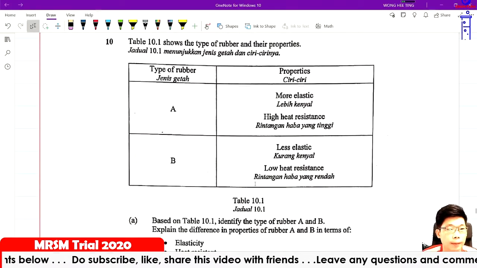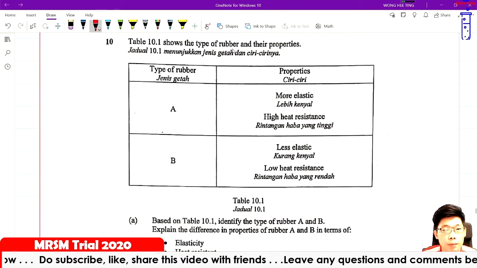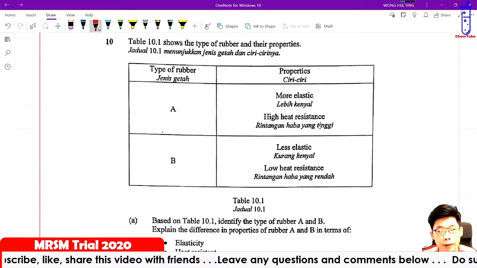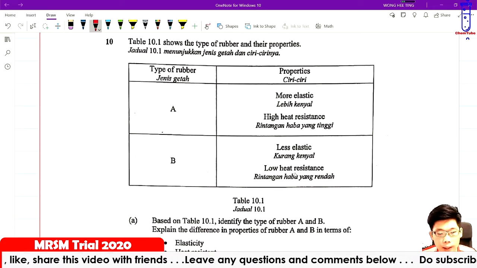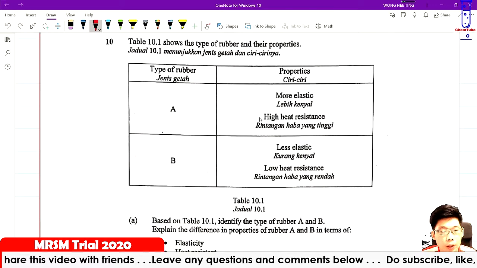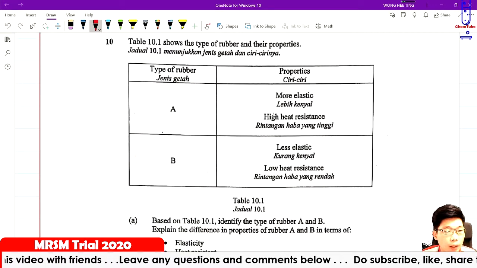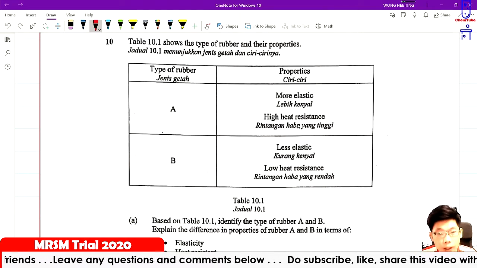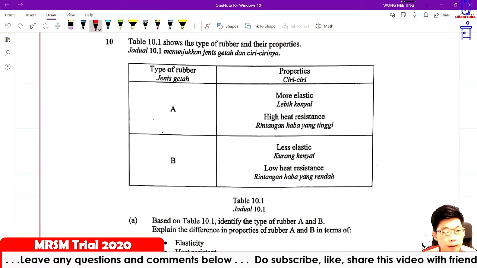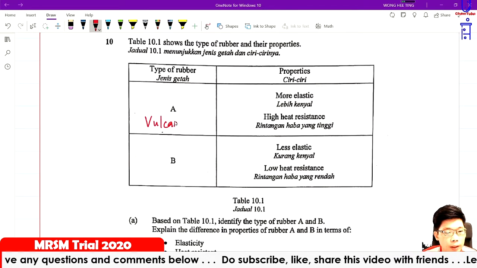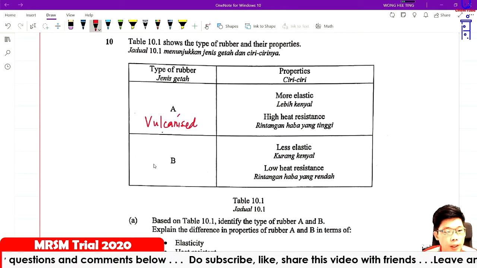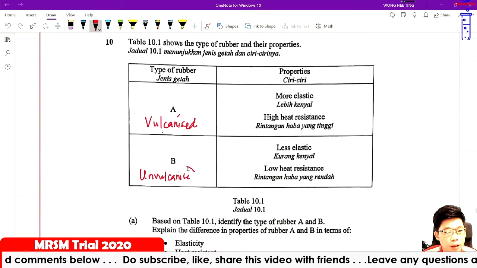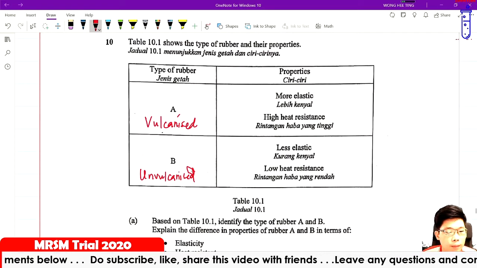Question number 10. The table shows types of rubber and their properties. A is more elastic and highly heat resistant. B is less elastic and has low heat resistance. Based on the properties given here, we can assume that A is vulcanized rubber and B is unvulcanized rubber.